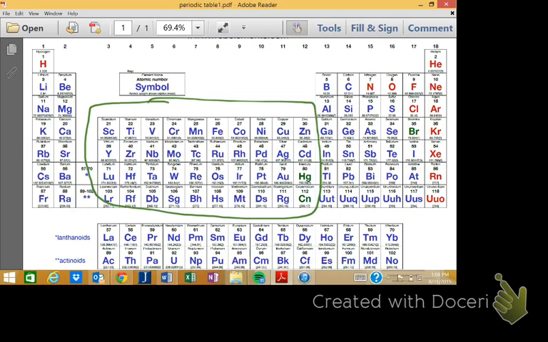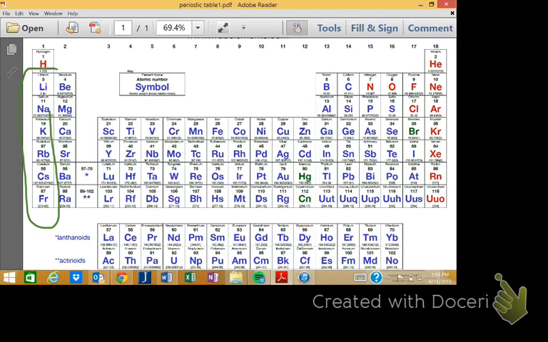And then also as a review, not including hydrogen, from lithium down to francium, what are those called? Alkali metals. And the group 2A, what are those called? Alkaline earth metals. And if we skip all the way over here to group 6A, sometimes it's also called group 16, but I don't like knowing those numbers.